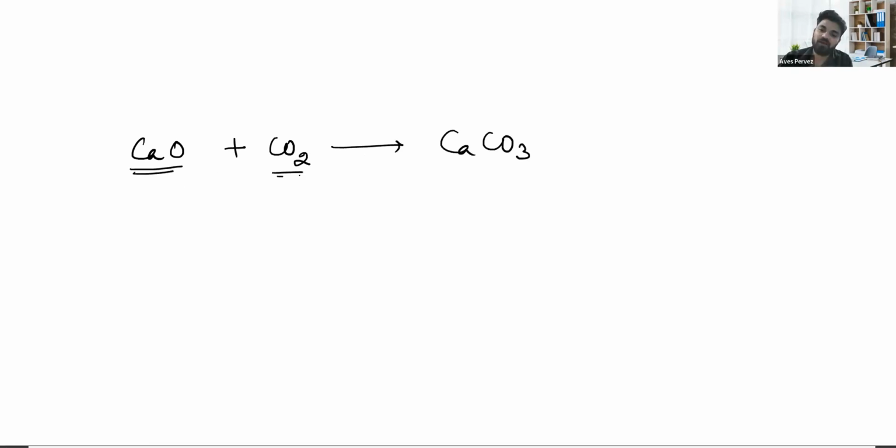Okay, calculate the mass of these three first. Now it is balanced already, because there is one calcium, one carbon, and 3 oxygen in CaCO3. This is balanced.